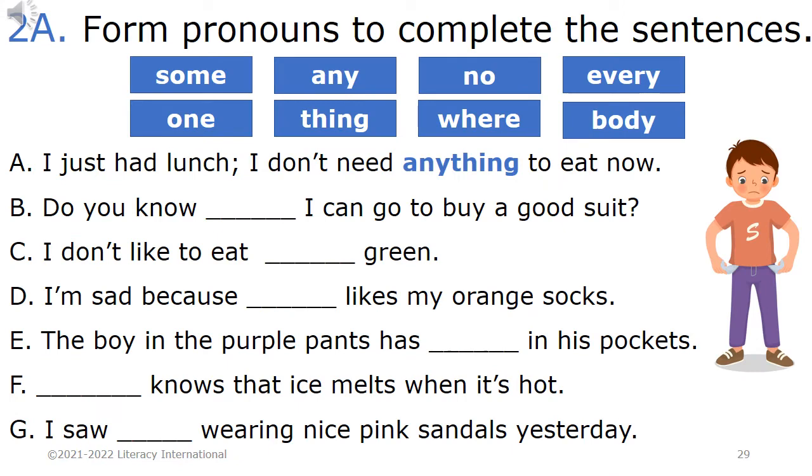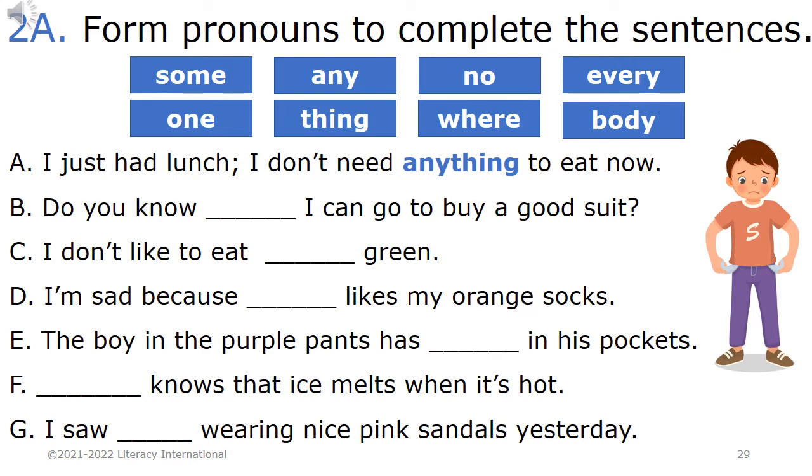2A. Form pronouns to complete the sentences. Some, one, any, thing, no, where, everybody. A. I just had lunch. I don't need anything to eat now. B. Do you know somewhere I can go to buy a good suit?